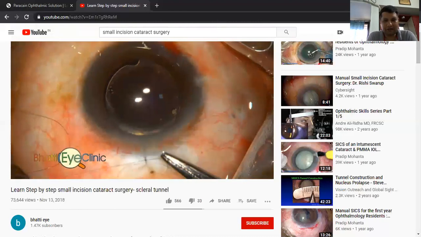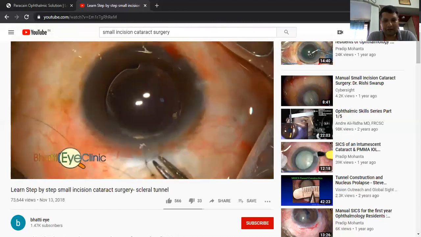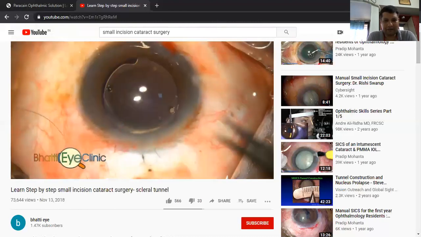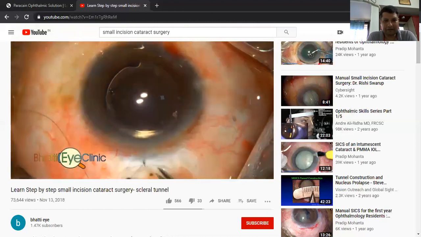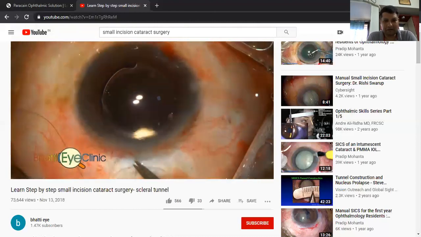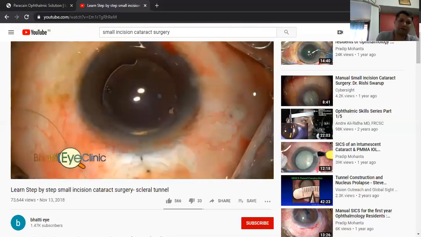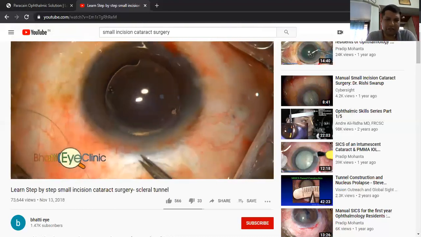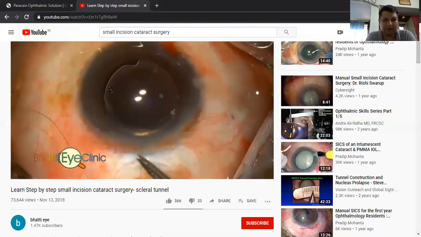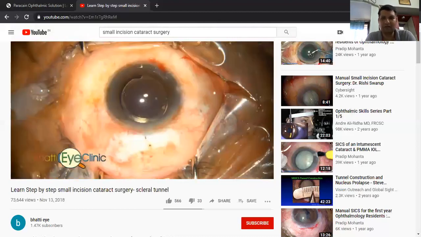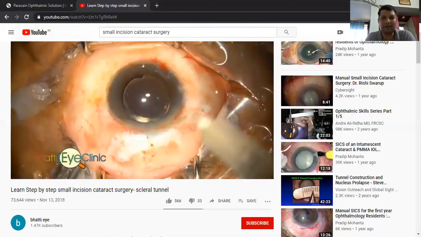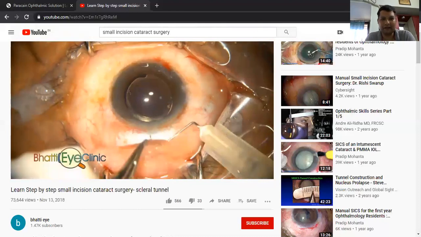So this is how we take the suture if required. And then we cut the suture. We have to make sure that the ends of the suture are not long because they might irritate the patient, right?